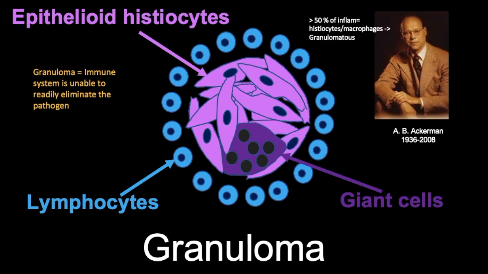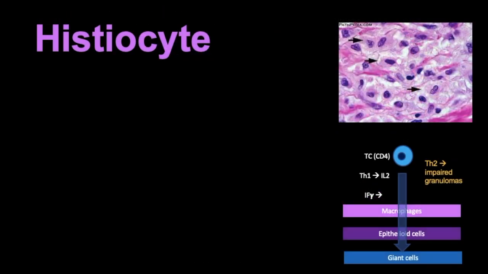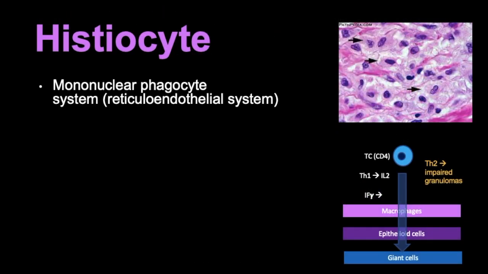So the late Dr. Bernie Ackerman defines granulomatous inflammation as more than 50% of inflammation that consists of histiocytes and macrophages. So, what are histiocytes? Histiocytes are derived from the mononuclear phagocyte system.